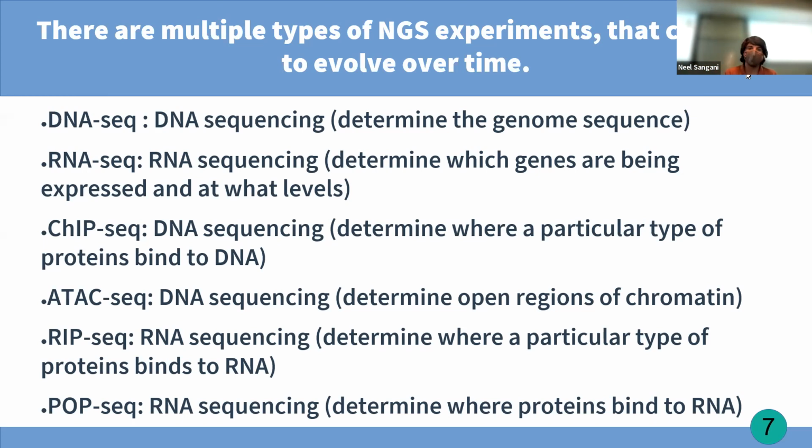This is a special type of DNA sequencing where you can determine open regions of chromatin. So, basic molecular biology: we all know DNA is this double helix, and we just think of it as a double helix in the cell.